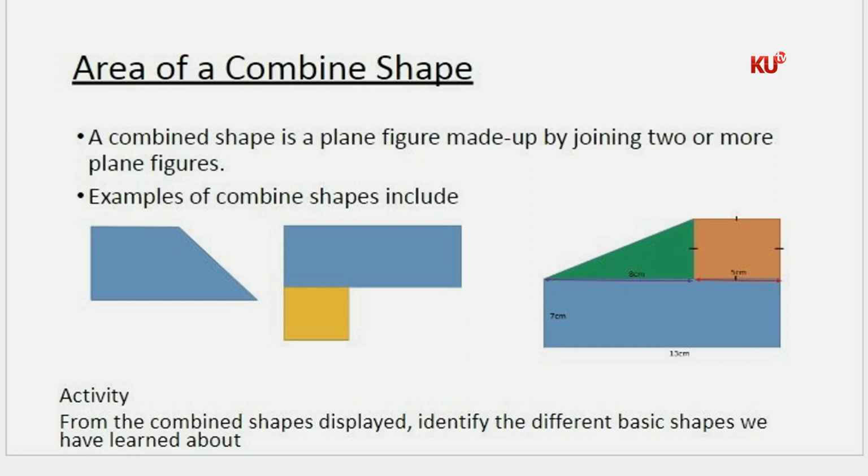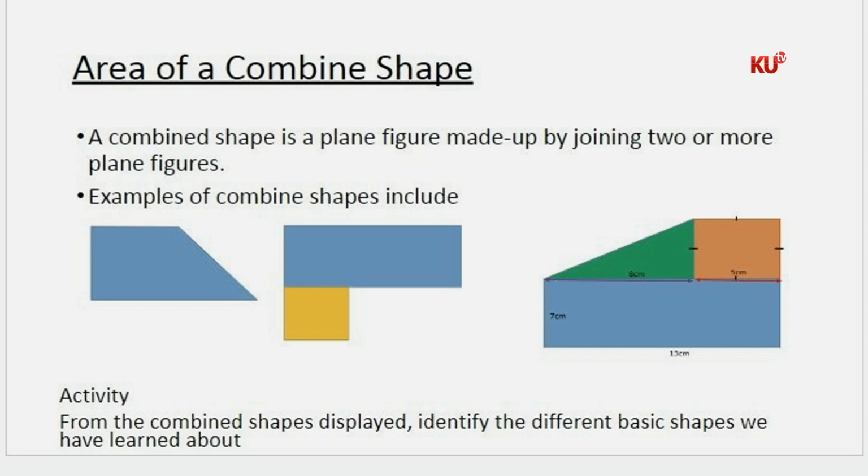There is an activity there for us. The activity states, from the combined shapes displayed, identify the different basic shapes we have learned about. I want to believe that you can identify the rectangle, you can identify the square, you can as well identify the triangle.